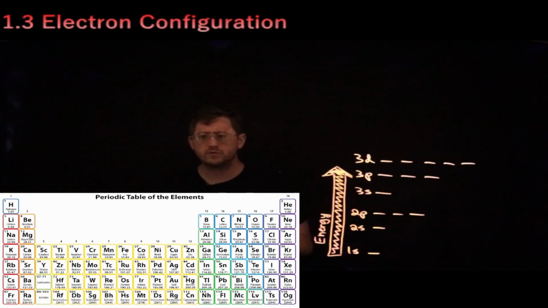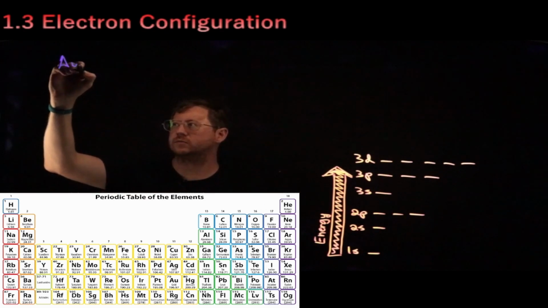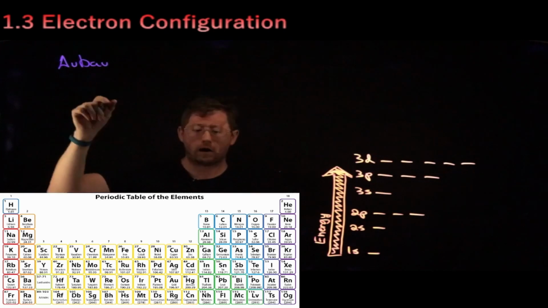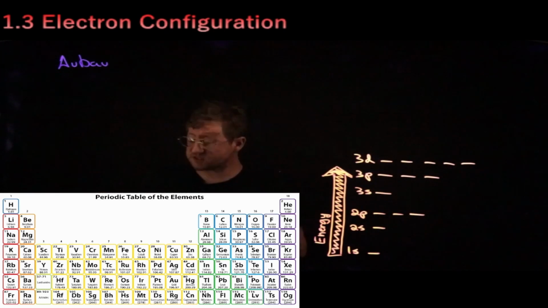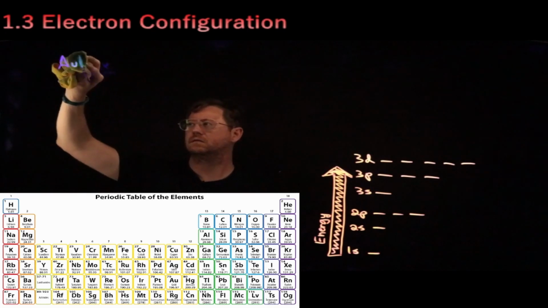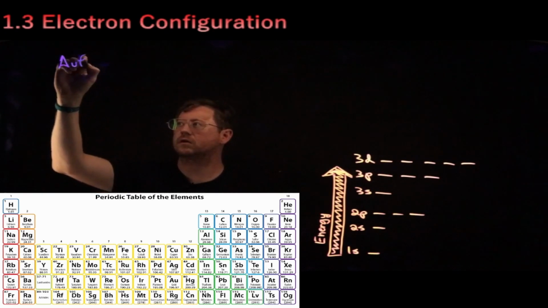So let's go through this process and take a look at what's happening. There are a couple of rules that we're going to invoke. The first rule is the Aufbau principle. Aufbau. If I could spell, that'd be awesome. We need an F in there. The only F we want to see in organic chemistry.